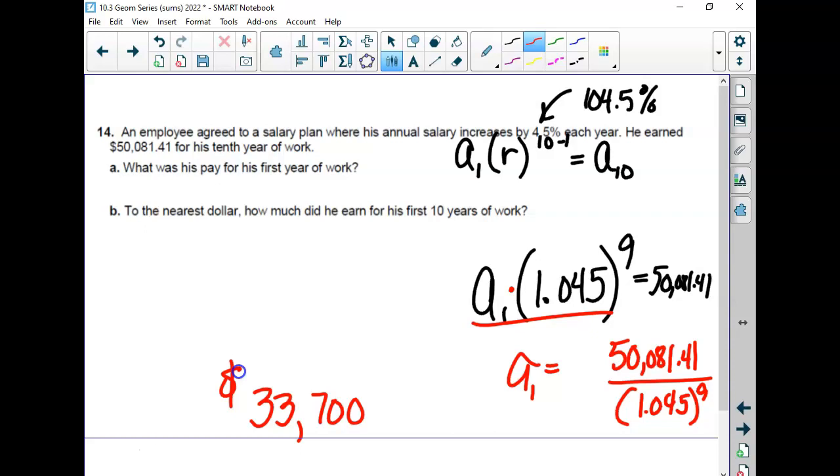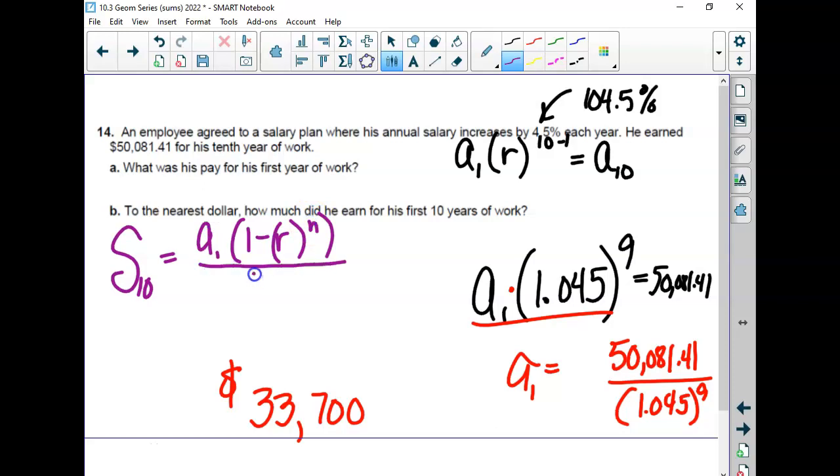To the nearest dollar, how much did he earn for his 10 years of work? What is this asking for? Yes, the sum of the first 10 years. The formula for that is a sub 1 times 1 minus r to the n, not the n minus 1, over 1 minus r.